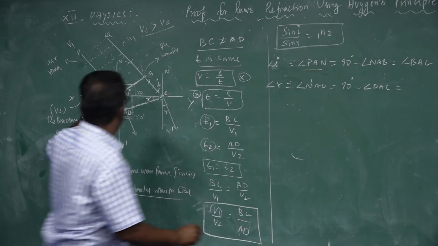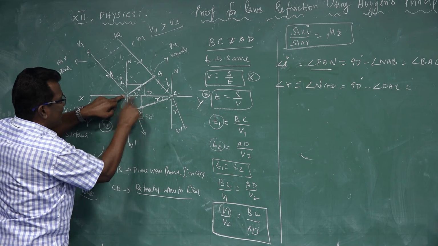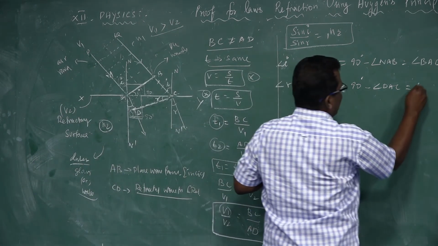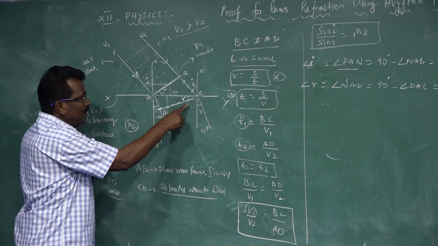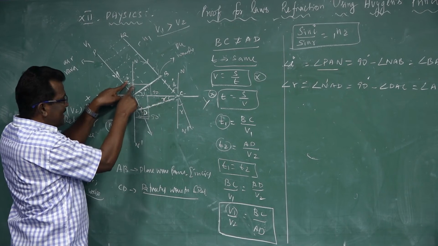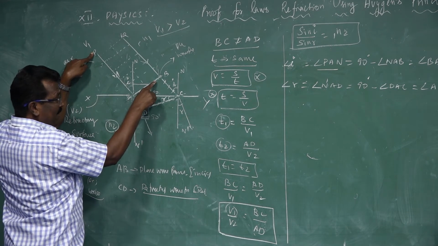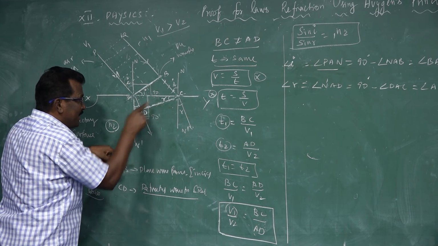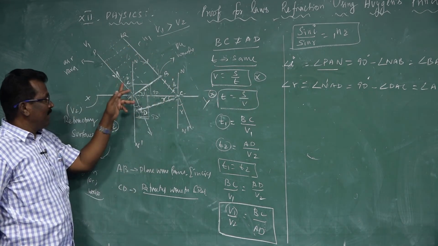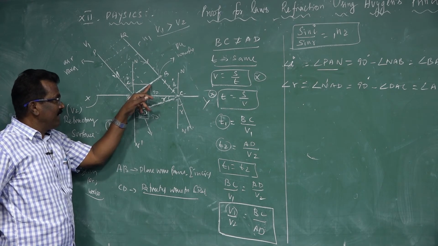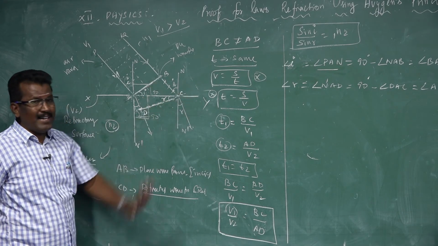If DAC is subtracted from 90, the remaining angle is ACD. So this r is equal to this r, and this i is equal to this i. The angle of the incident ray is equal to the angle of the incident wavefront, and the refracted wavefront is equal to the refracted ray. So i and r are correlated.